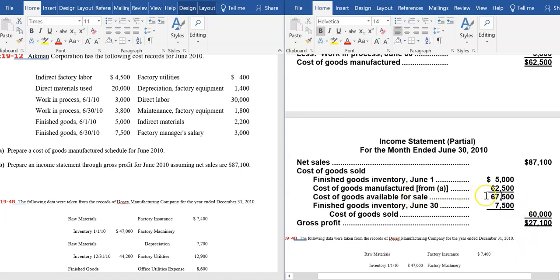The difference between total cost of inventory ready to sell and the cost of the inventory not yet sold is going to be the cost of the inventory sold, or the cost of goods sold.